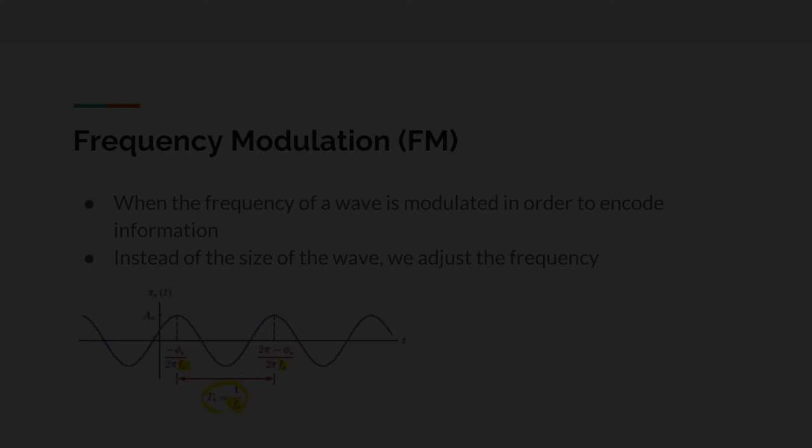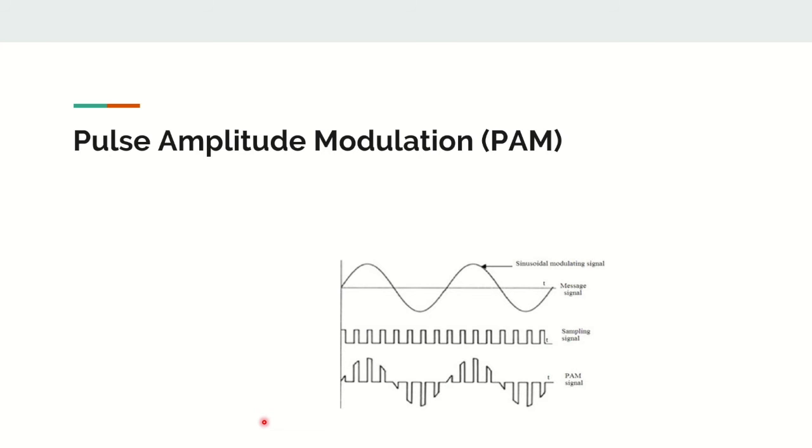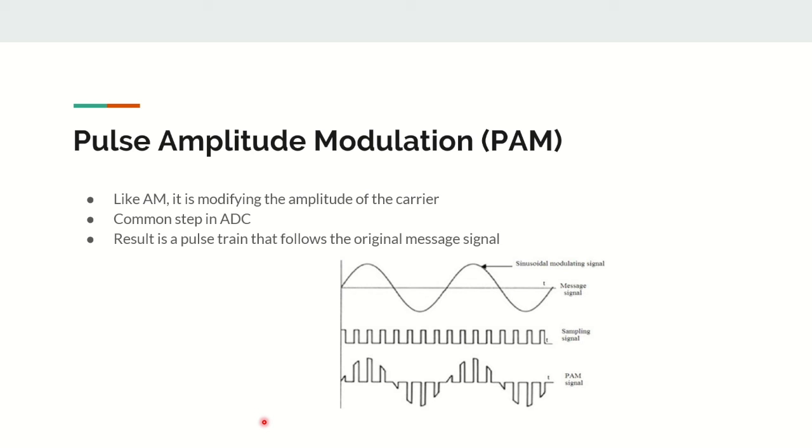Okay. Next, we will cover some of the pulse modulation methods. This includes pulse amplitude modulation, in which we are simply modulating the amplitude. It's very similar to AM, except in this case, we are going to be using a pulse train as our modulating carrier.